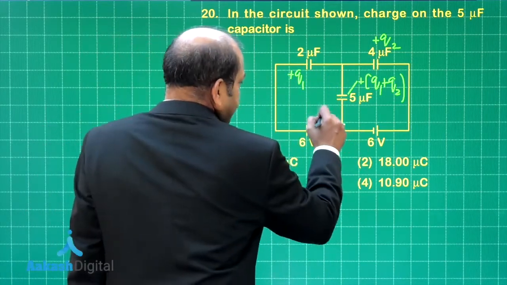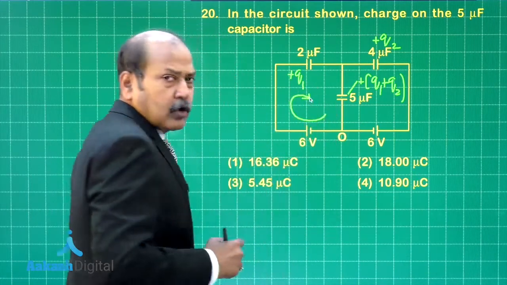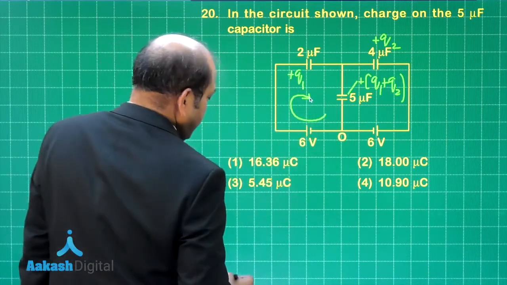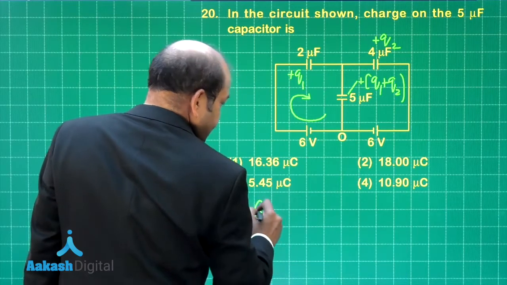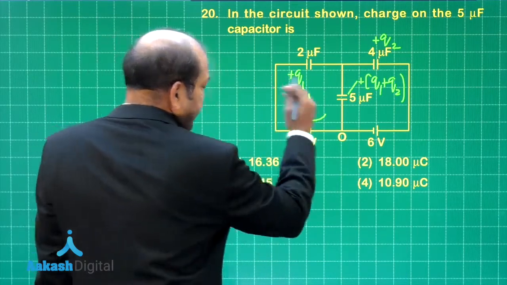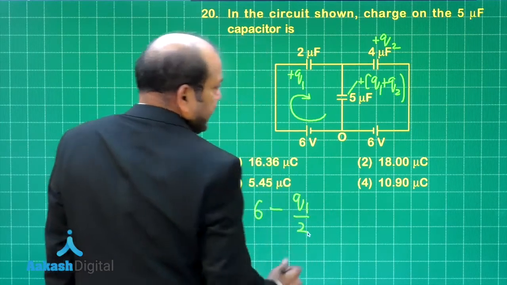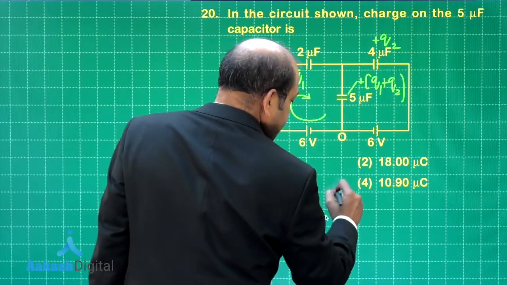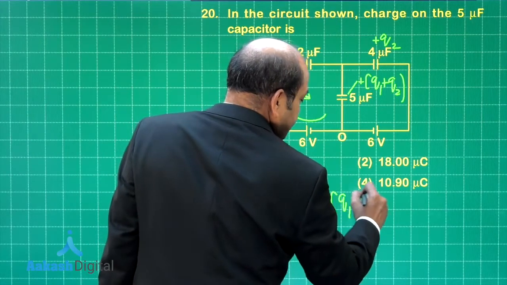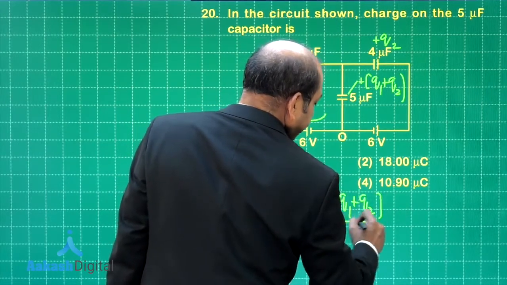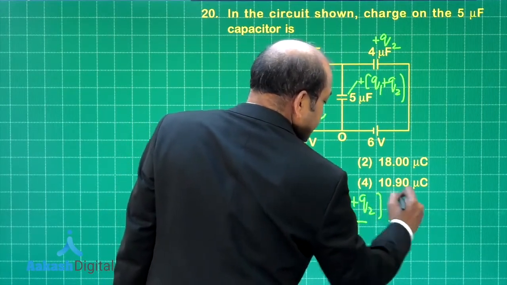Traversing this loop in the clockwise sense starting from point O, we get 6 volt, the first change in potential, then minus Q1 by 2, then minus (Q1 plus Q2) divided by 5, and this comes out as 0.